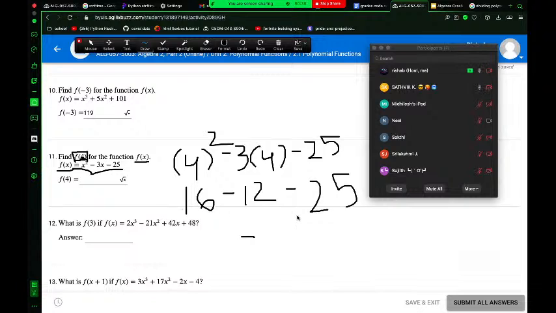That's still wrong. See, this here is a positive number. This is negative, and this is negative. Okay. So a positive 16 minus a negative 12 would be a 4. Okay, so it would be negative 21.